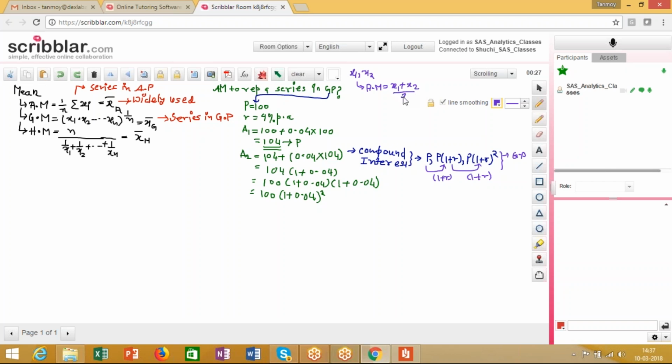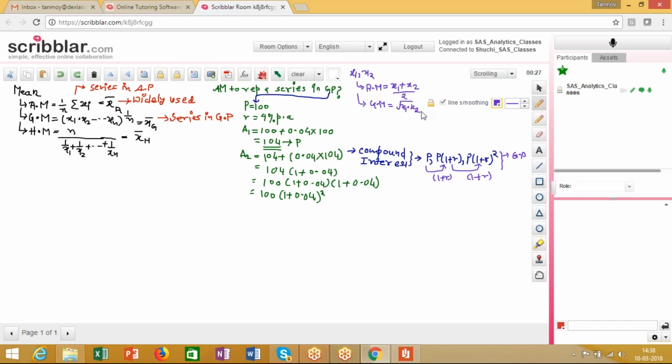And going by the definition of geometric mean, the geometric mean should ideally be root over x1 into x2, because it is (x1 into x2) to the power of 1 by n. Over here n is 2, therefore the geometric mean is nothing but root of x1 into x2.